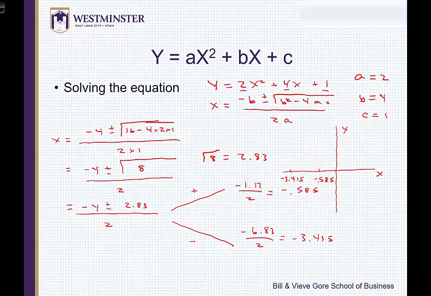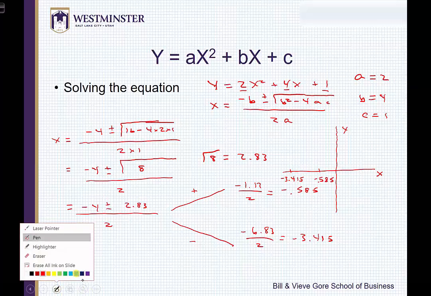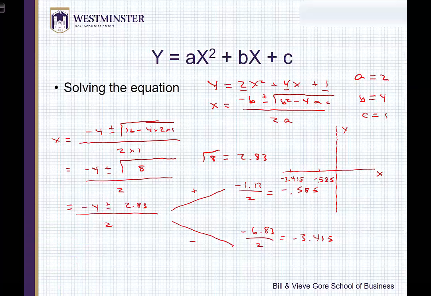Having solved for these values of x using the quadratic formula against a quadratic equation, I'm going to have a curve that crosses x at negative 3.415 and at negative 0.585. Knowing a little bit about this curve, it's going to look something along these lines. So let me take a closer look at what defines that shape.